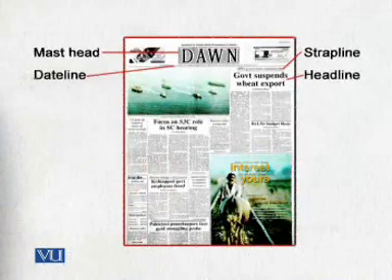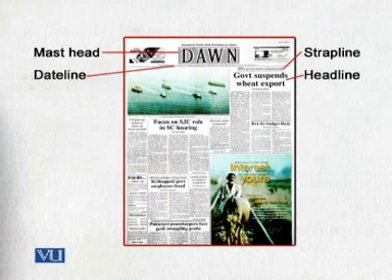You can see on this paper the main headline: government suspends wheat export. That is, of course, the main headline. And you can see very clearly that above the main headline, there is one more smaller headline. This we call a strap line.